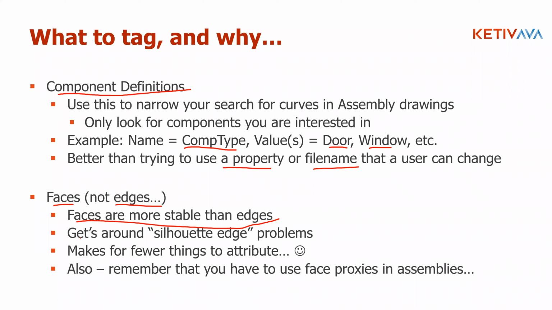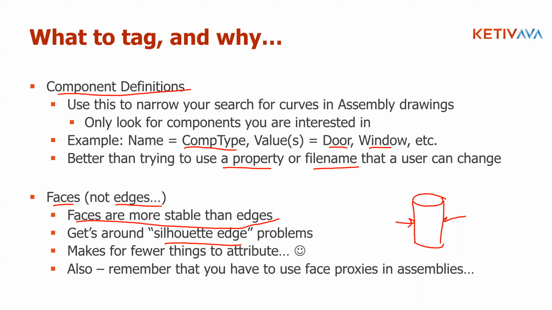One of the other things, if you're looking for a face rather than a hard edge in a model, is that it gets around the silhouette edge problem. What is a silhouette edge? Well, if I have a cylinder, the truth is that edge and that edge aren't really edges in the model. They're what we call a silhouette edge. So you can't actually tag those.